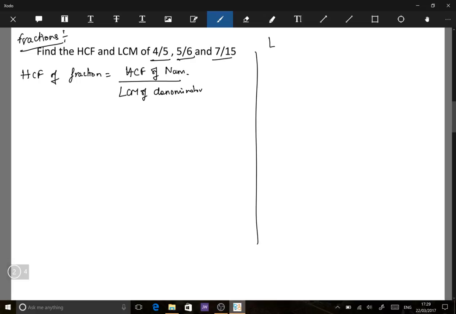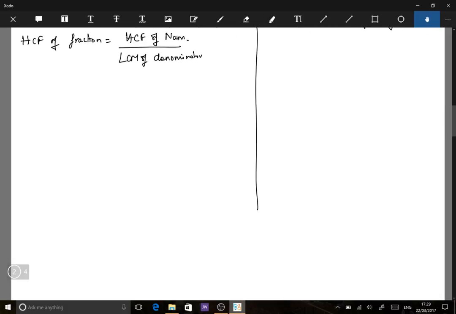Similarly, LCM of fractions is nothing but LCM of numerator divided by HCF of denominator. So this is the important formula which we are going to follow in this problem.